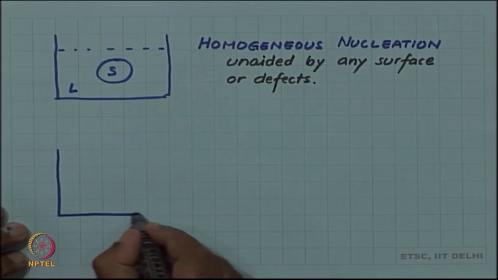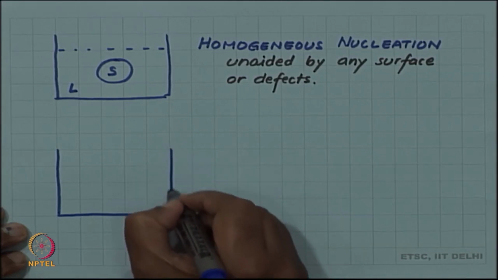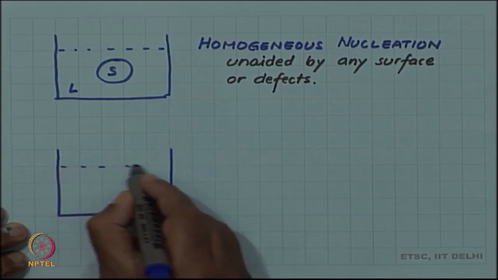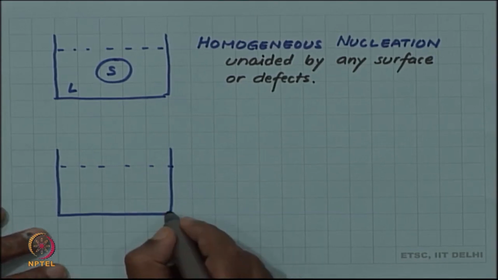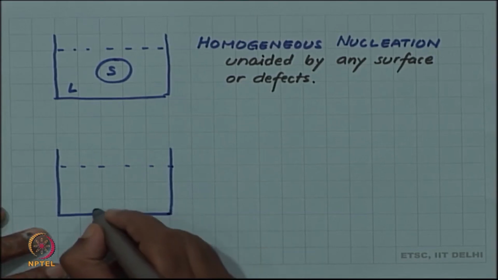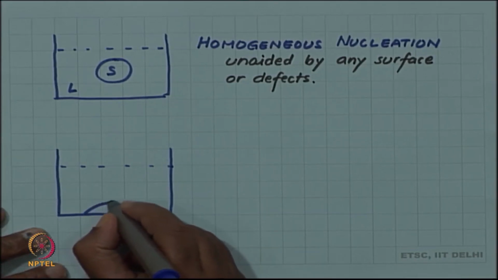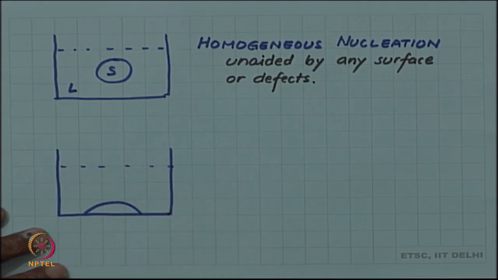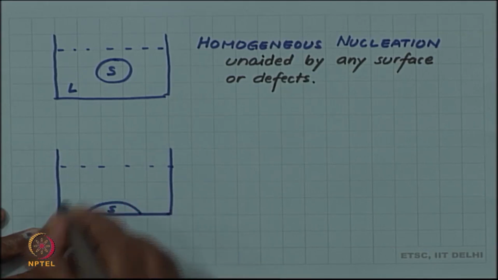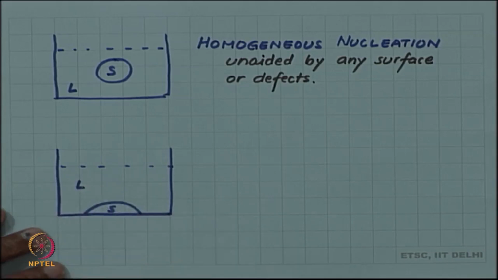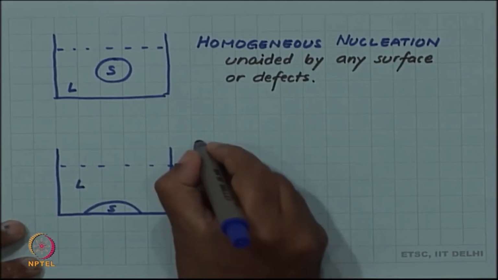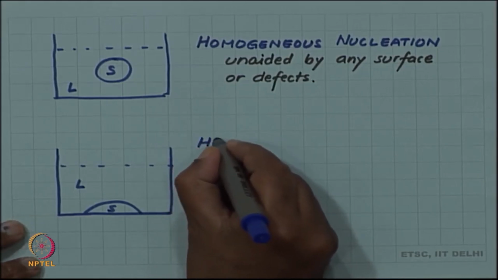A more likely situation for nucleation to happen, particularly in the case of freezing, is that nucleation will happen at the container wall. So, the solid may form at the wall of the container. This kind of nucleation is called heterogeneous nucleation.